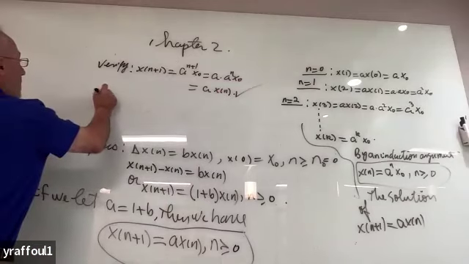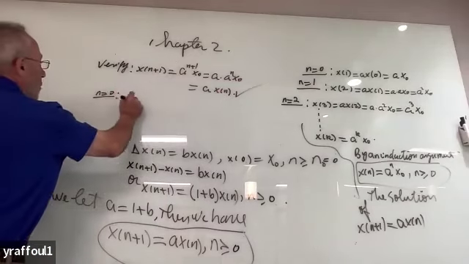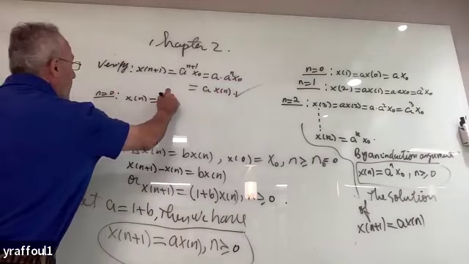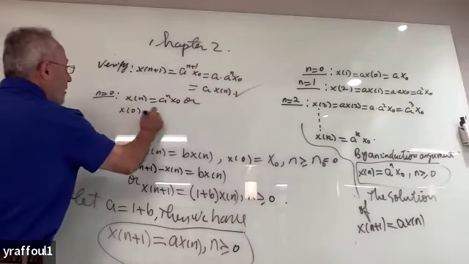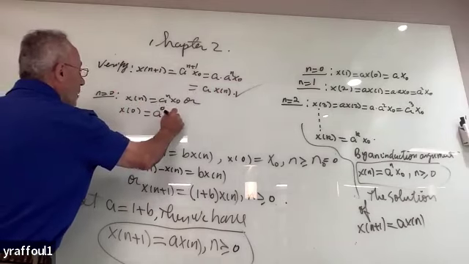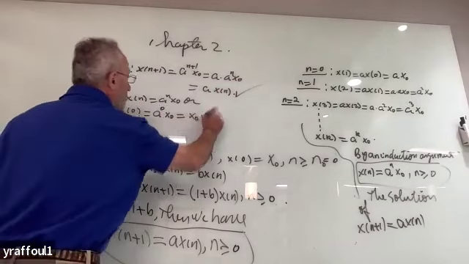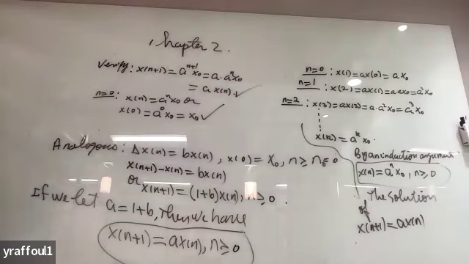And for n equals 0, we have x_n equal a^n x_0, or x of 0 equal a to the power 0 times x_0. That is x_0. So the initial condition and the solution does indeed satisfy the difference equation. So that is a solution. Okay?